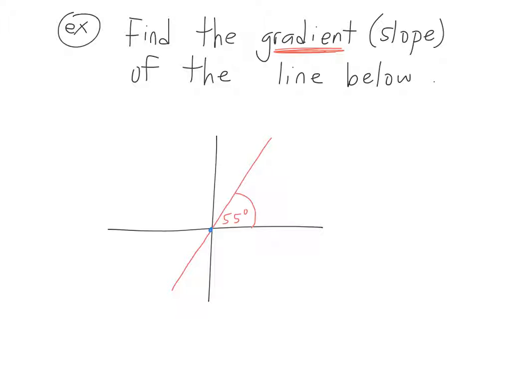Well, to find our slope, which we said is really m, this is simply going to be the tangent of our angle. So if you put that into the calculator, 1.43 would be the slope of that line. And that certainly seems reasonable based on the fact that it's going uphill. So a neat application of trig.